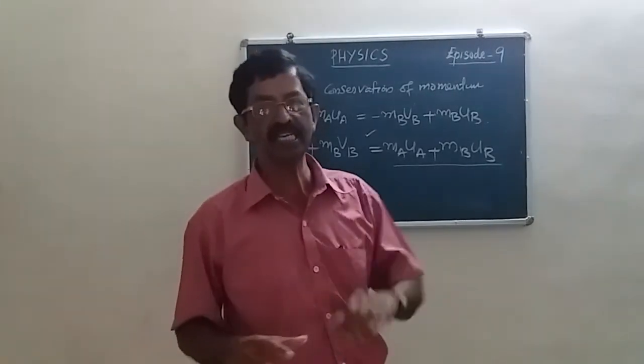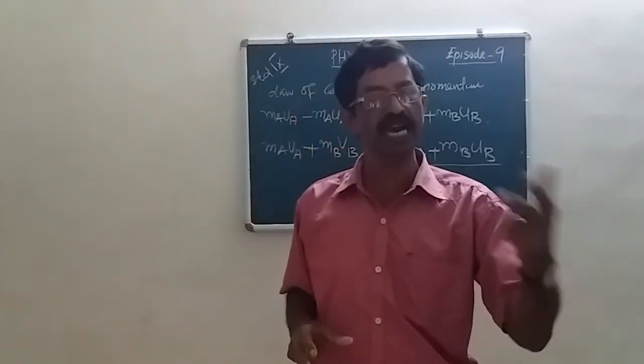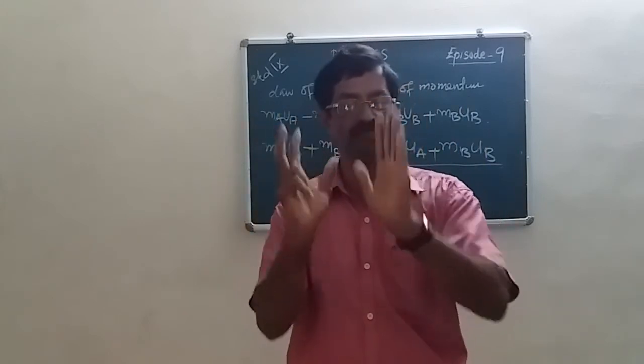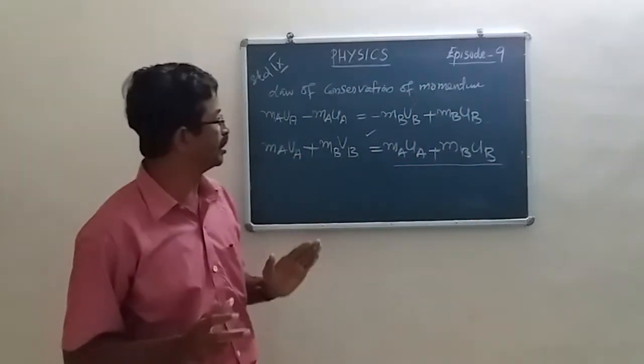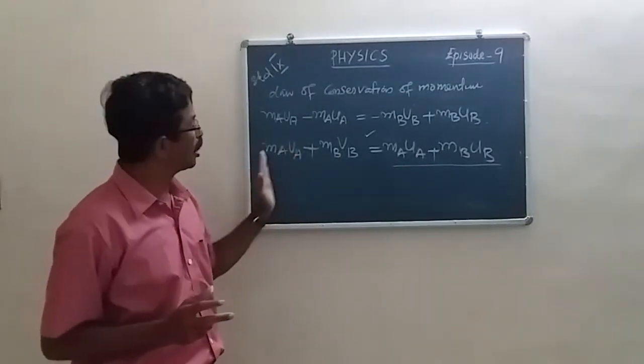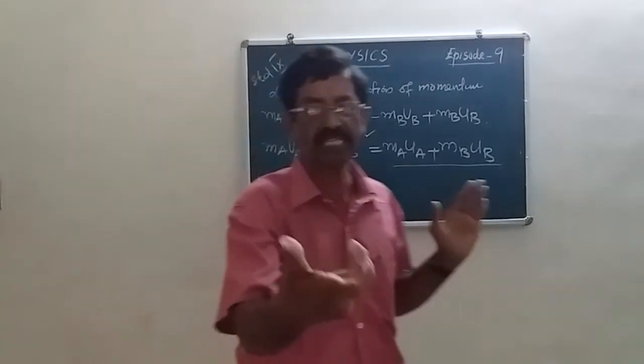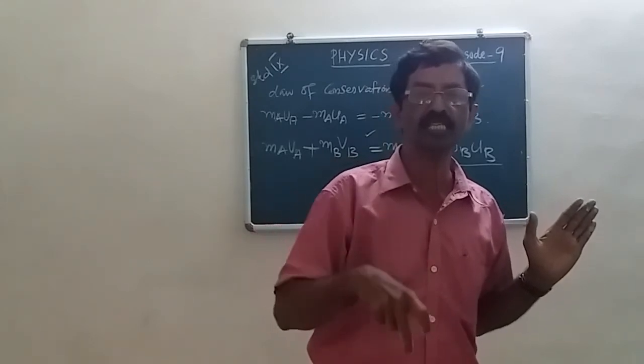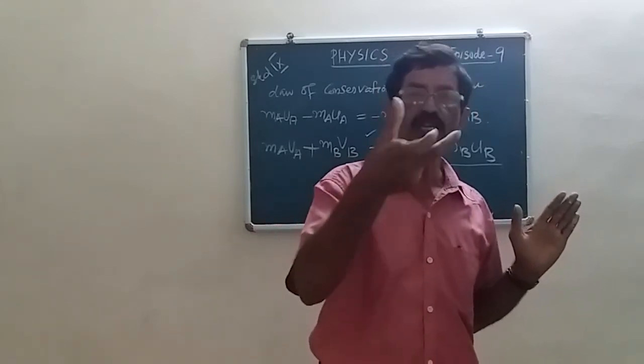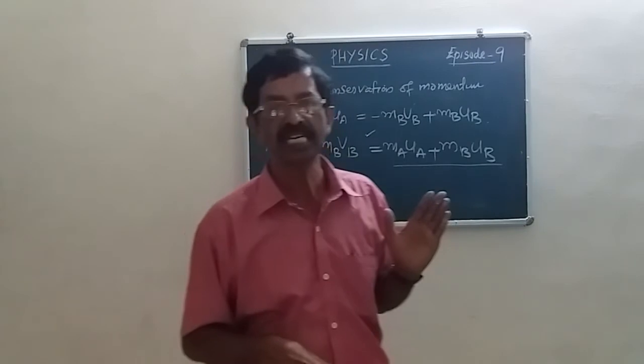In this case, there is no external force acting. This shows the law of conservation of momentum. That means if there is no external force acting on a system of particles, the total momentum remains conserved.